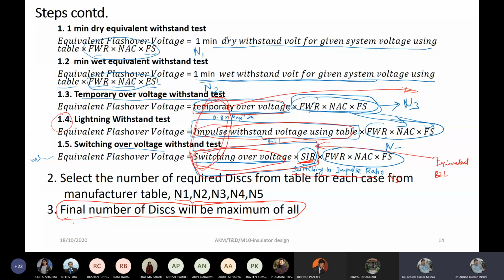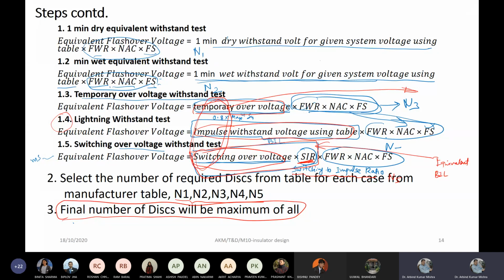I have already discussed with you that the neutral grounding directly depends on temporary overvoltage, but also indirectly the BIL level and switching surge level are set depending on the neutral grounding. Lower the neutral grounding impedance, lower will be the BIL and SSR also.